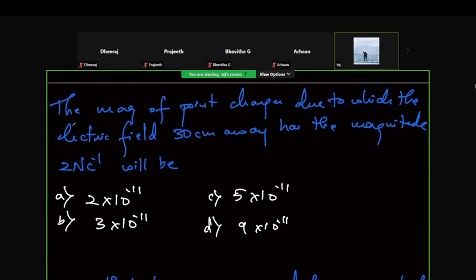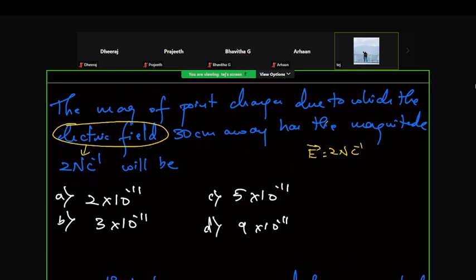Electric field, what is the unit? Newton per coulomb. So electric field is given in this question. Sometimes the way they write the question sounds very hi-fi, but in simple terms it is one regular question only.